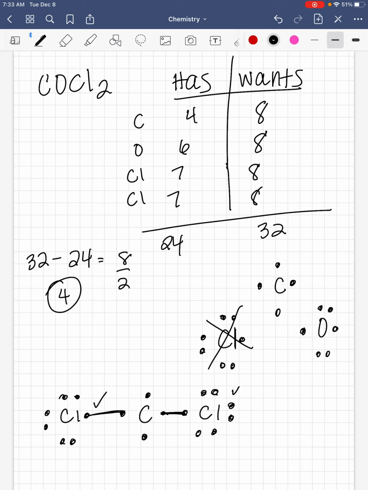Now I have this oxygen where I have 2 open spots, and I also have 2 open spots in the carbon. So what I'm going to do is very similar to that first element where I put it all on one side. So I'm going to remove this one, move it up here, and then add a double bond to this oxygen.